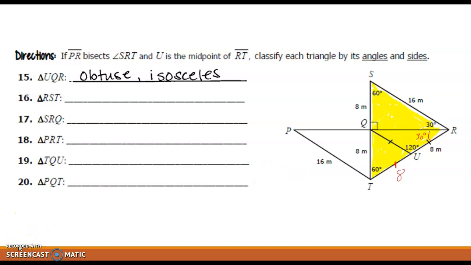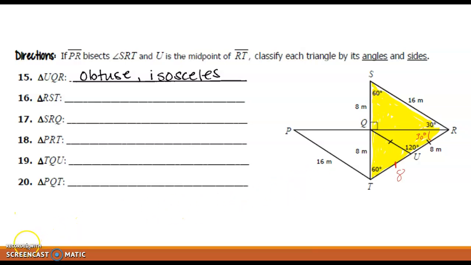The next triangle is going to be RST. RST is going to contain 16 right here. The side that's 16, well, these two sides add up to be 16. One of the things that could have clued you in was that both of these angles were 60, so that meant that the two sides were going to be congruent as well. So that is obviously right away going to be an isosceles triangle.